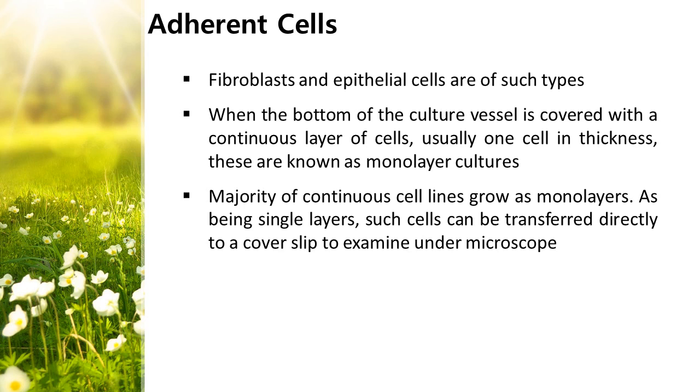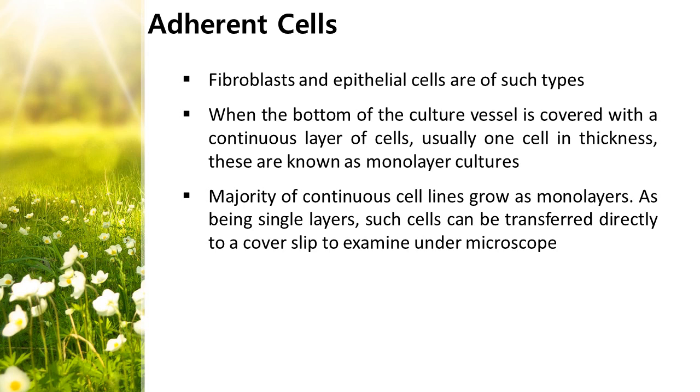When the bottom of the culture vessel is covered with a continuous layer of cells, usually it is about one cell thickness. Only one cell is present as a layer, and if you measure the thickness, it is around only one cell. We can say it is like a horizontal construction. One cell cannot grow over another like a pile of coins.